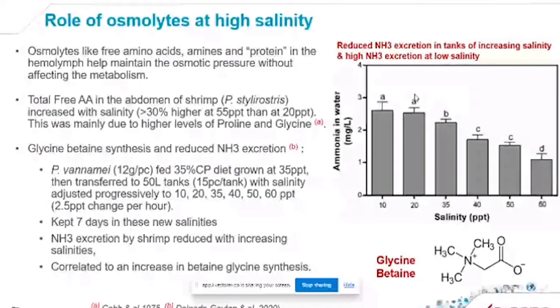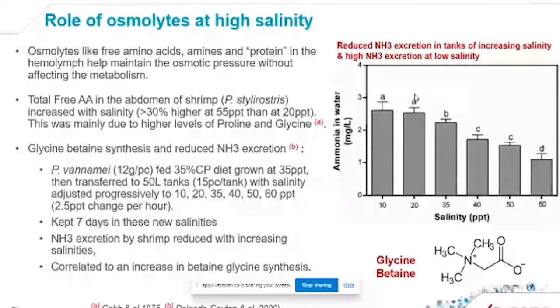It's glycine betaine, and this recent study published this year showed that when shrimp are fed a regular diet and placed at high salinity, you have synthesis of glycine betaine and reduced ammonia excretion.